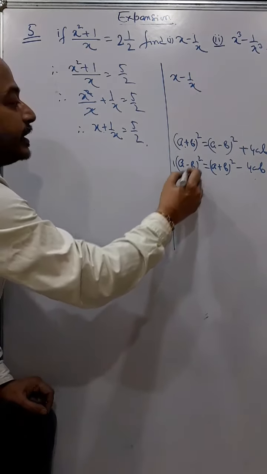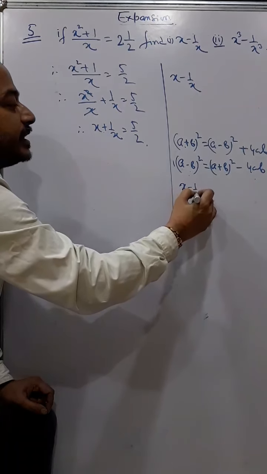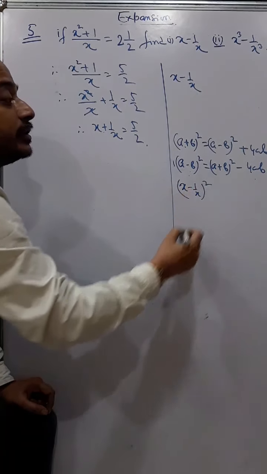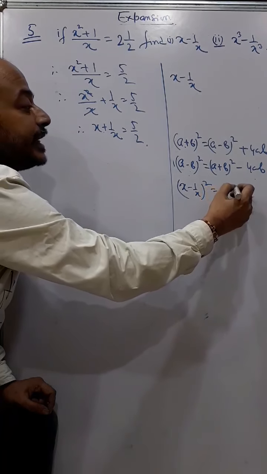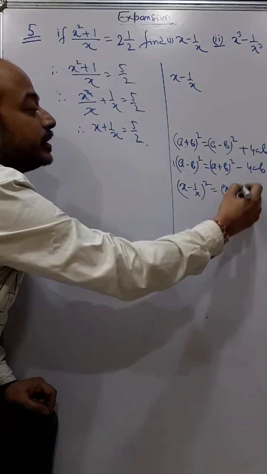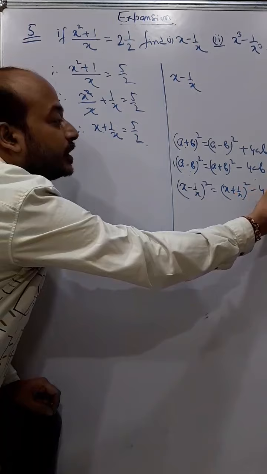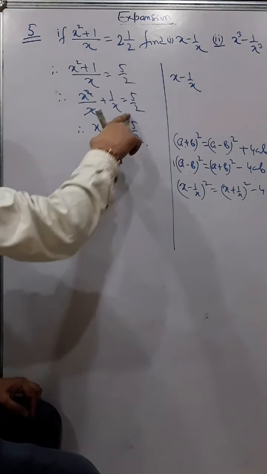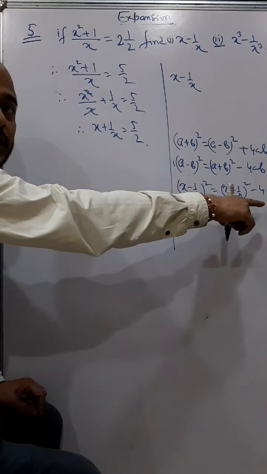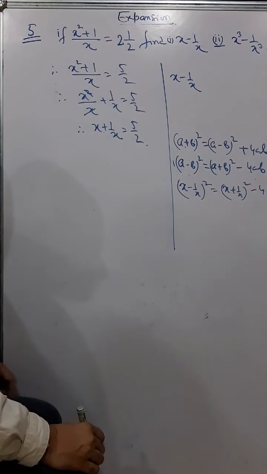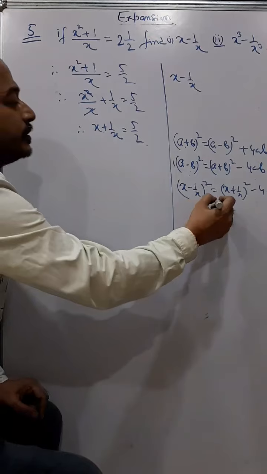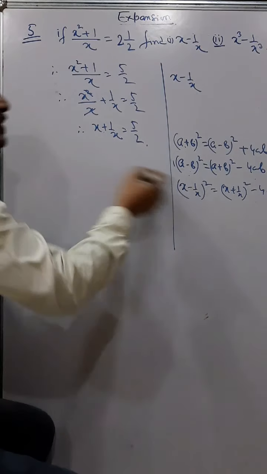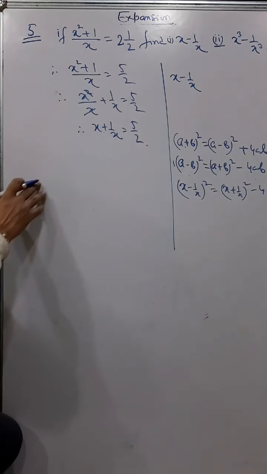So x minus 1 by x whole square will be x plus 1 by x whole square minus 4 into a into b. Then directly we can put in the value of x plus 1 by x whole square, and we can get the value. Okay, so let us do it in that method only. Otherwise the sum is a very long sum.